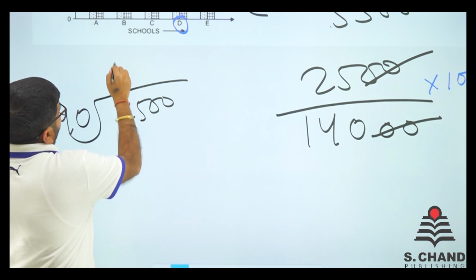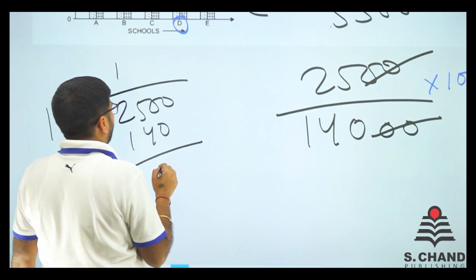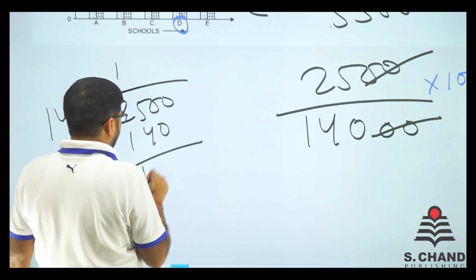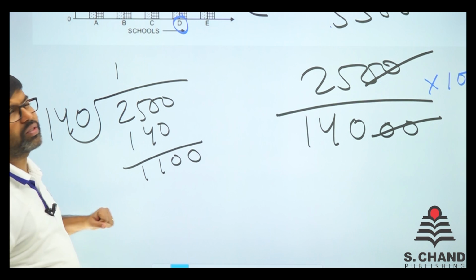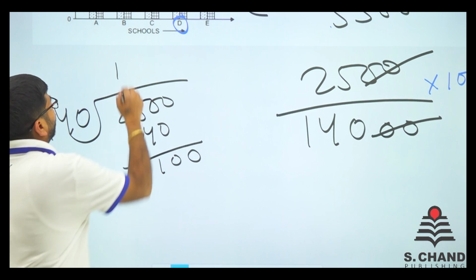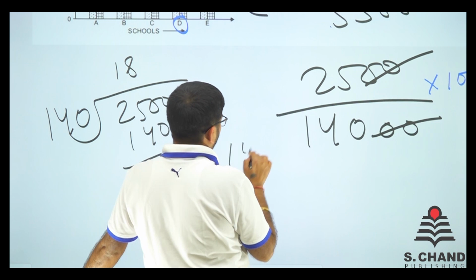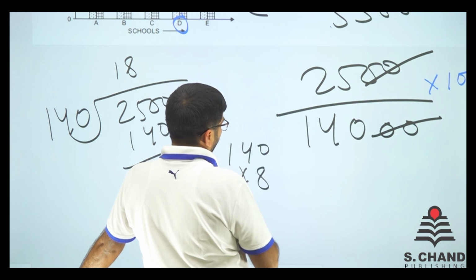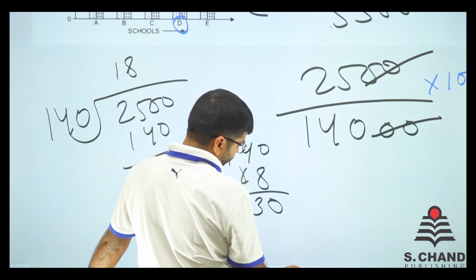So 140, write 1 times. I write it here. So 250 minus 140 is 110 I get. And we put a 100. So 140 is 10 times 1400. It is like 1100. So do it 8 times, I guess. So what I'll do is 140 into 8, so 8 4s are 32.